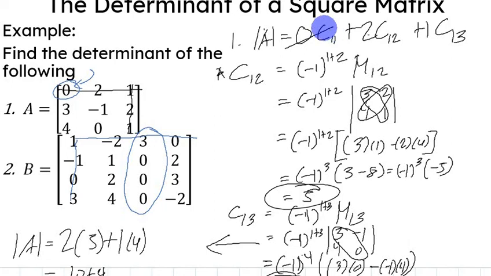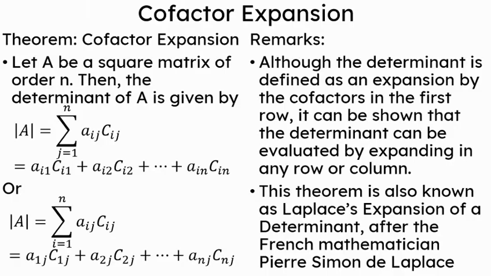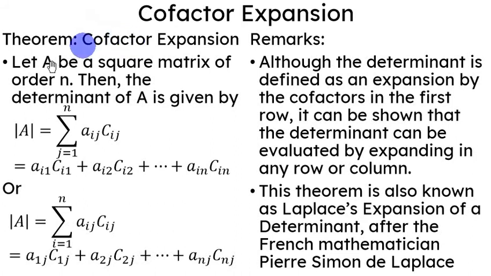Now, there is this process known as the cofactor expansion. This is a theorem that says let A be a square matrix of order n. Then the determinant of A is given by these, which means that we can choose any row or any column when we do our cofactor expansion.